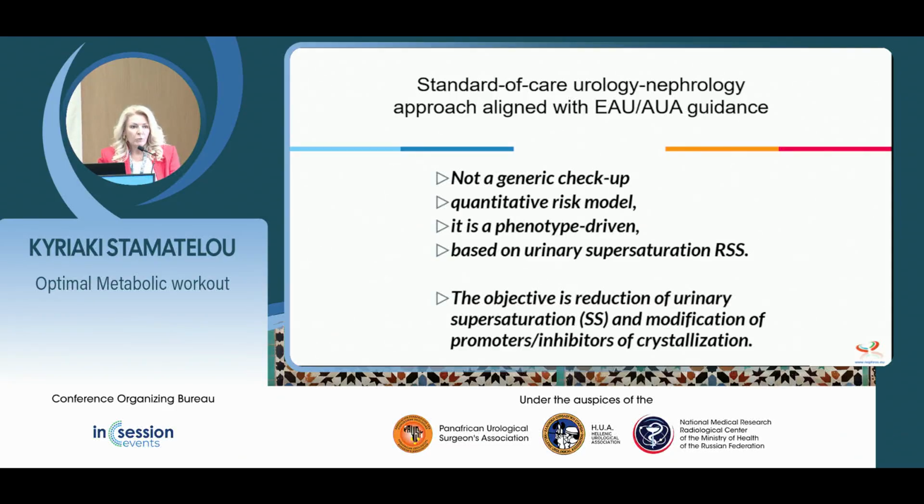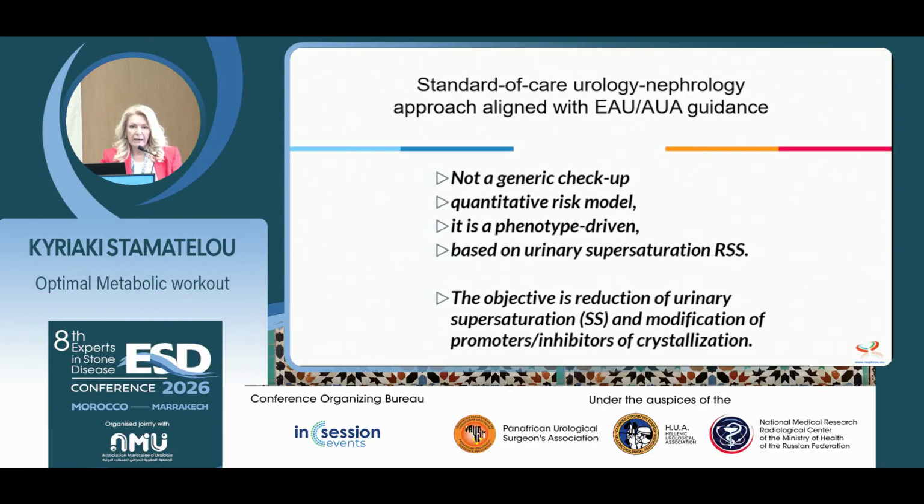I'm talking about a quantitative risk model, which is phenotype-driven and which is based on urinary supersaturation. The objective of this model, of this clinical phenotyping, is to reduce urinary supersaturation and modify all the promoters and inhibitors. Of course, increase the inhibitors and reduce the promoters.